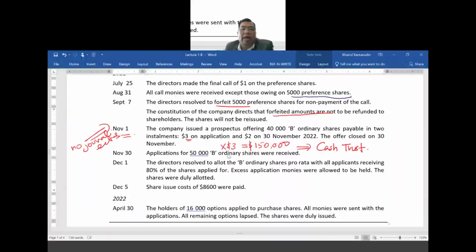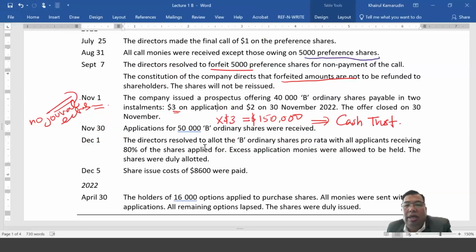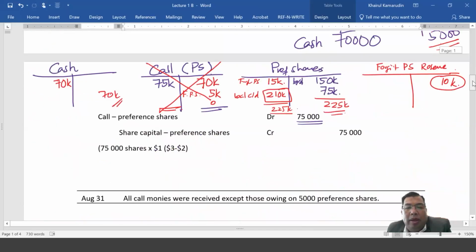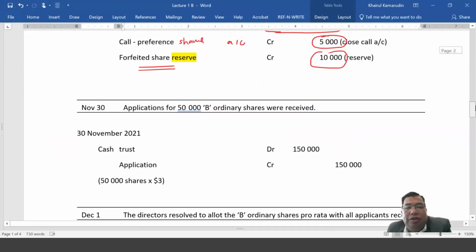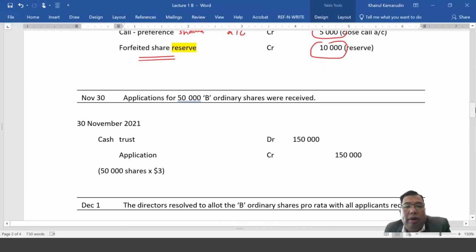Cash trust, yeah? So this is a temporary account. So what will be the journal entry? You're going to put that money not into cash, but cash trust, debit 150,000, and record it as the application.